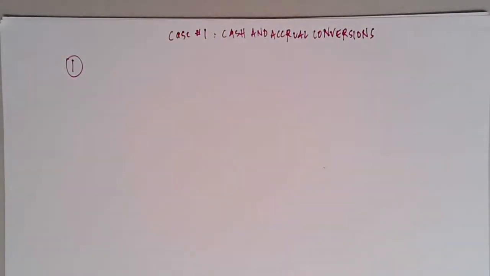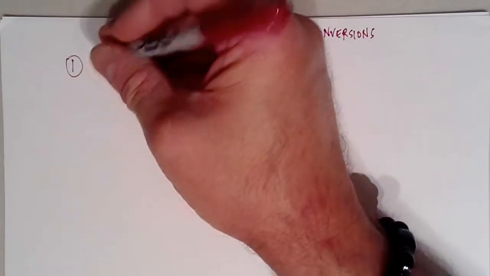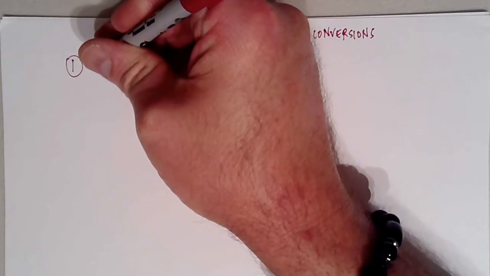Number 1, this one involves purchasing a machine. So we purchased a $100,000 machine with a useful life of 5 years and no estimated salvage on July 1st. It recorded the entry with a debit to machine expense and a credit to cash on July 1. So the first thing I might do is just write down the cash entry.